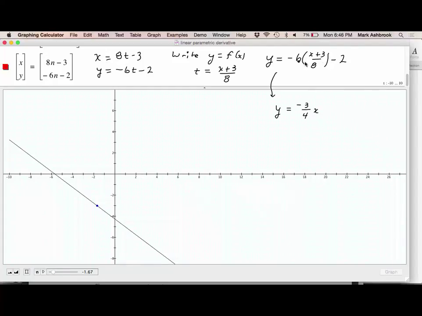Then I'm going to have negative 3/4 times 3, minus 2. If you do all the math, you get negative 17/4. You can do it later. That's 7th grade. So it's negative 6 times 3/8 and then minus 2, that whole constant term.